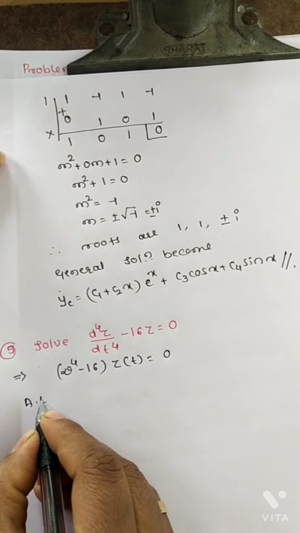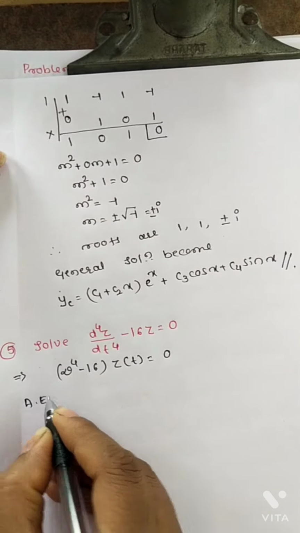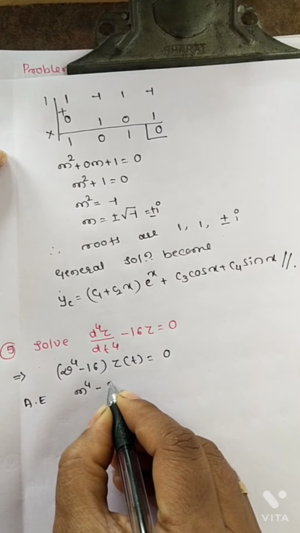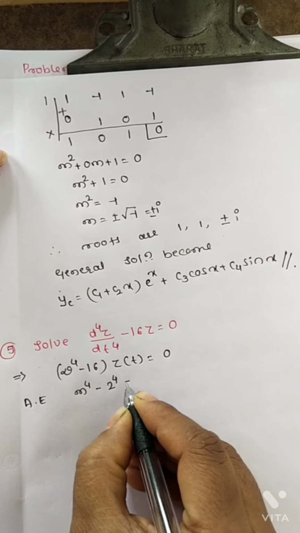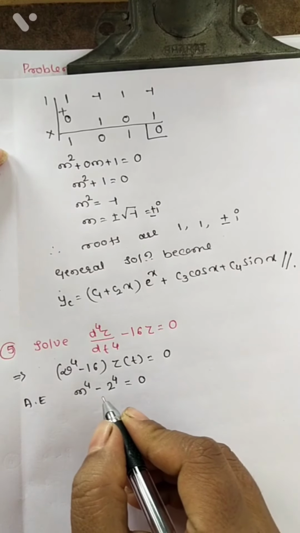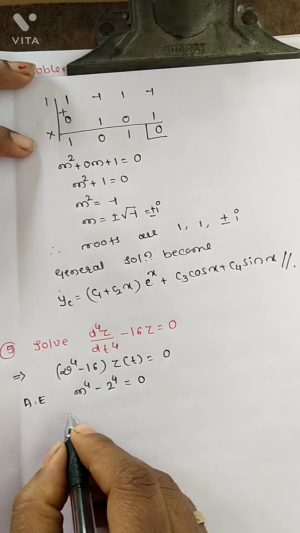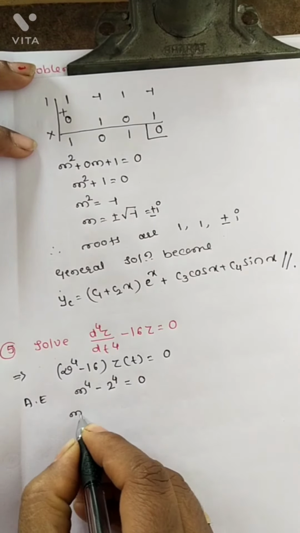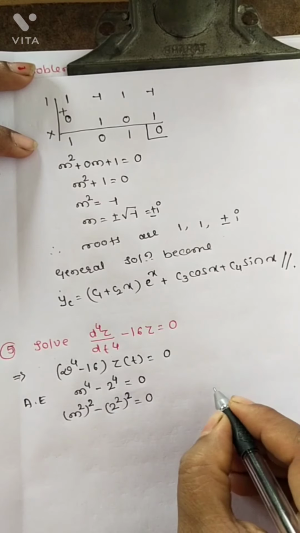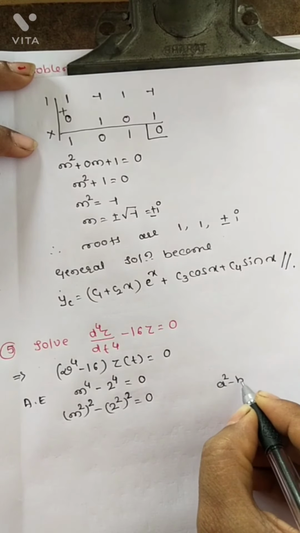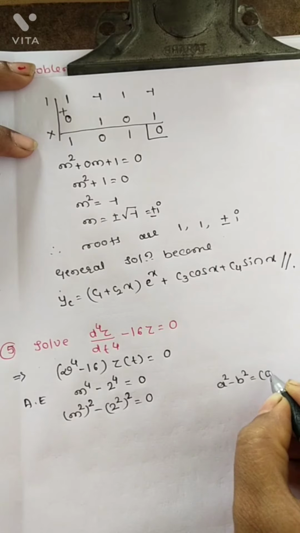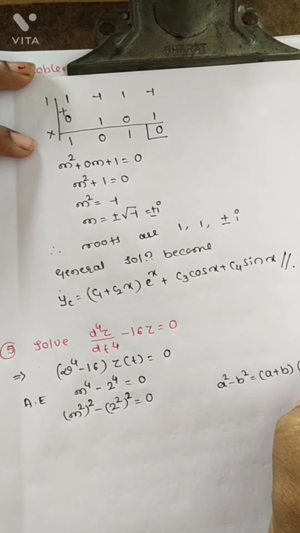Now the auxiliary equation, that is m raised to 4 minus, we can take 2 raised to 4. If you want, you can apply the formula also, otherwise you can apply the synthetic division method also. Here I am applying the formula: m square whole square minus 2 square whole square is equal to 0. This is in the form of a square minus b square is equal to a plus b and a minus b.